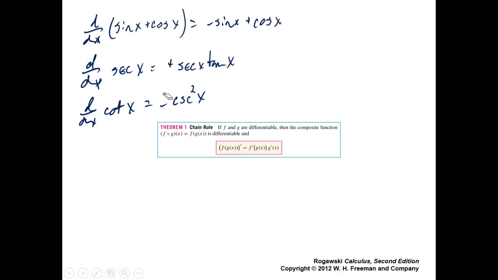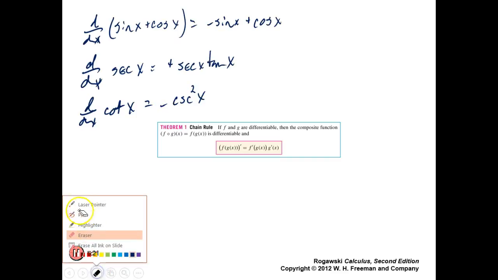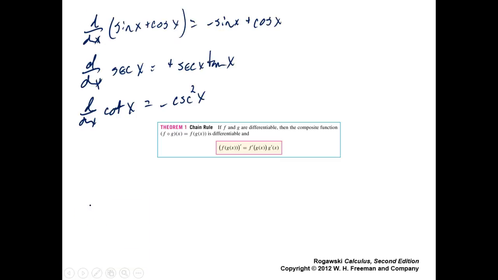I think I mentioned to you before, one way of remembering this, and I think it's as good as any, is if you have the main function, as in sine, secant, or tangent, those are positives. Derivative of sine, positive cosine; derivative of secant, positive secant tangent. If you're doing a cofunction, cosine, negative sine; cotangent, negative cosecant squared; cosecant, negative cosecant cotangent.